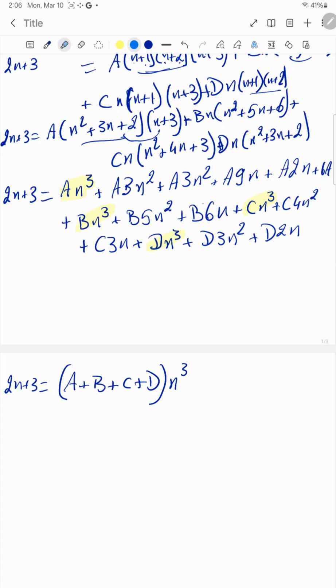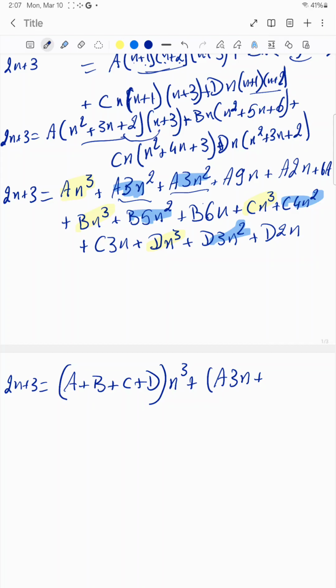Now let's take another color here, and I have n to the power of 2, n to the power of 2, n to the power of 2, n to the power of 2, n to the power of 2. So I can factor out n to the power of 2. I would have plus a3n to the power of 2 plus a3n to the power of 2.